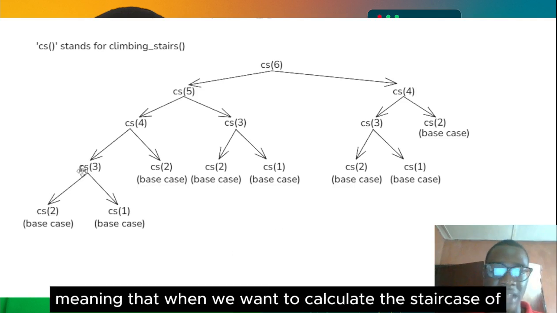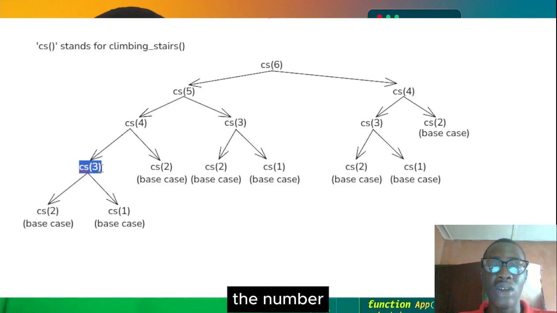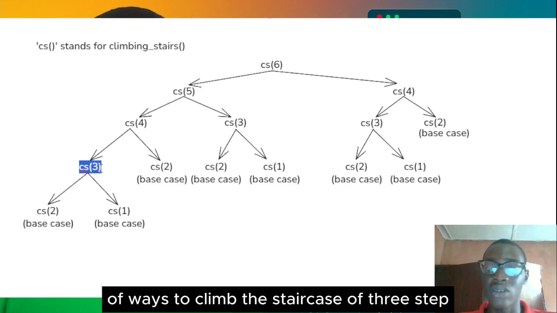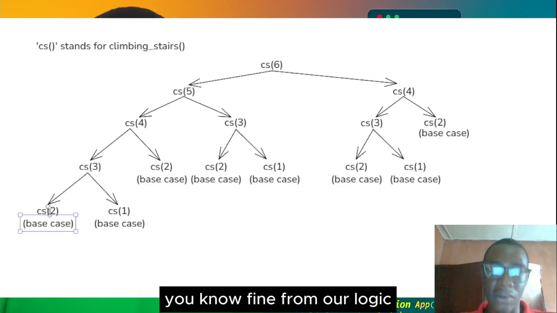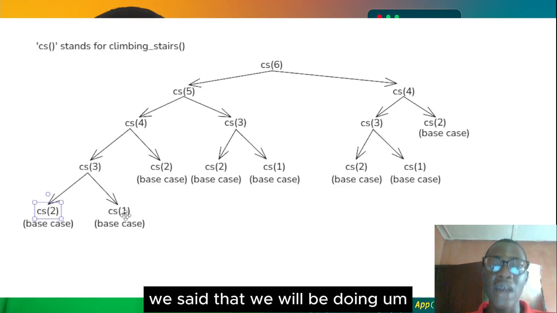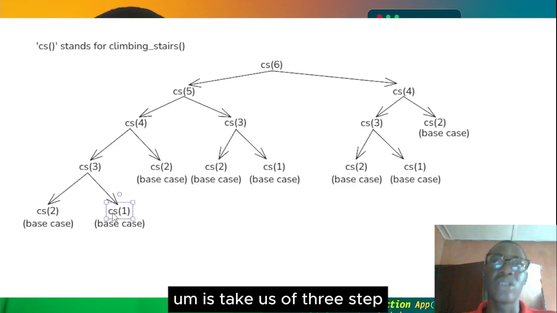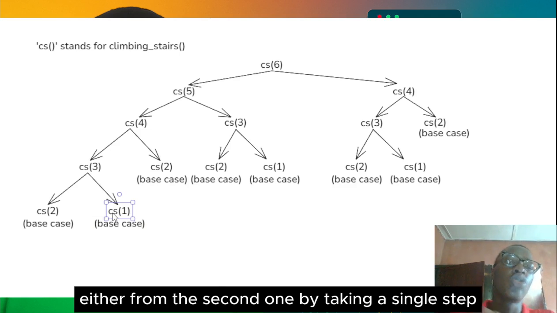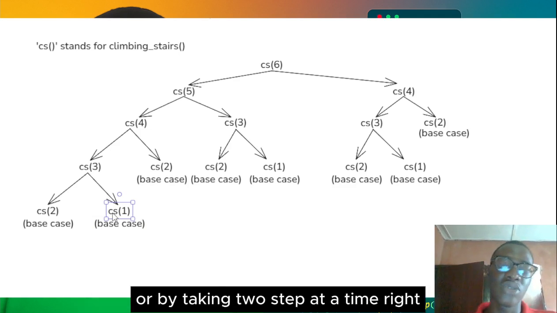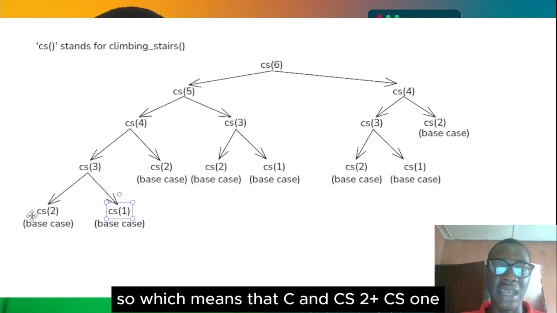So when we want to calculate the number of ways to climb the staircase of 3 steps, from our logic we say that we will be doing CS2 plus CS1, because we can climb a staircase of 3 steps either from the second step by taking a single step or from the first step by taking 2 steps at a time, right? So that is CS2 plus CS1.